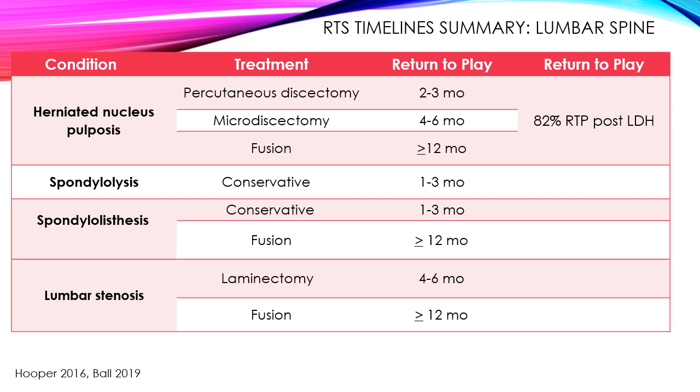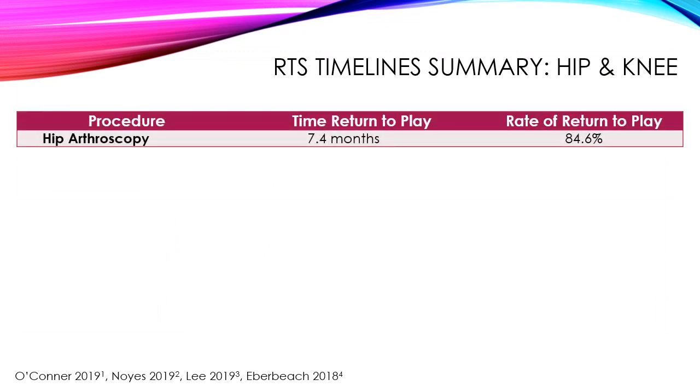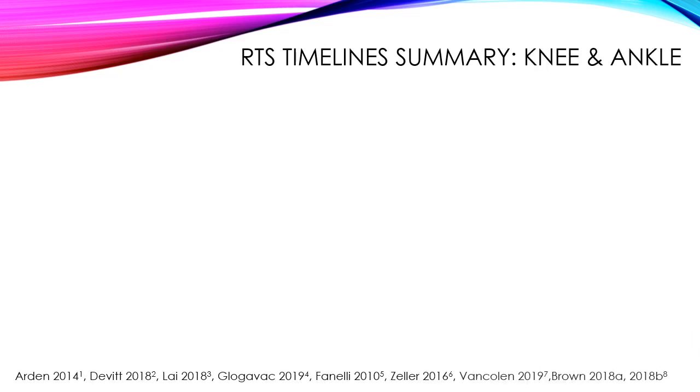When we're looking at the actual return to play, 82% of individuals who undergo surgery for. Okay, and these slides are predominantly for your reference, and they summarize not only the expected time point at which people are returning to sport, from a tissue healing standpoint and also from a functional standpoint, but also the percentile of return to play that the literature has offered.